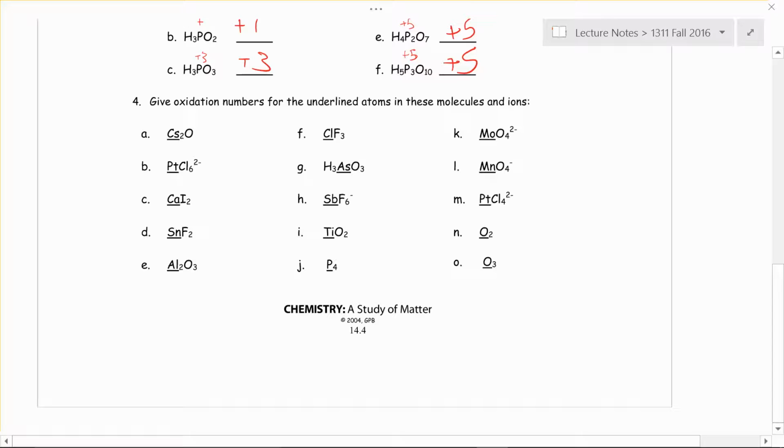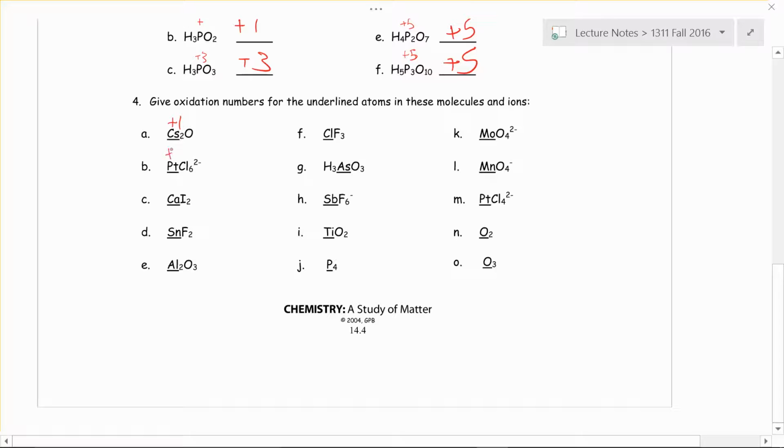Okay, for A, what is the oxidation number of Cs? +1. Good. What is it for B? +4. Okay, -6.